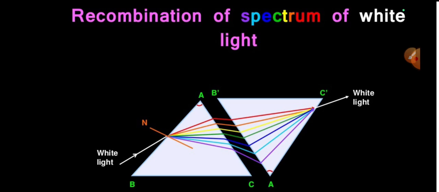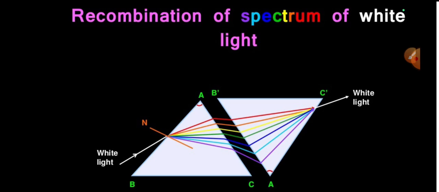Whatever the sources of light are, it may be a candle, a bulb, the sun, or stars, all produce composite light. That composite light contains the seven colors.